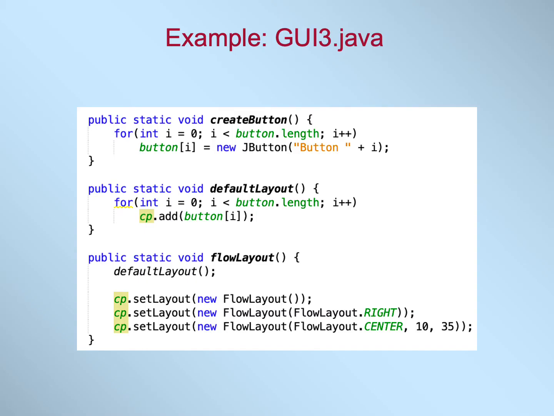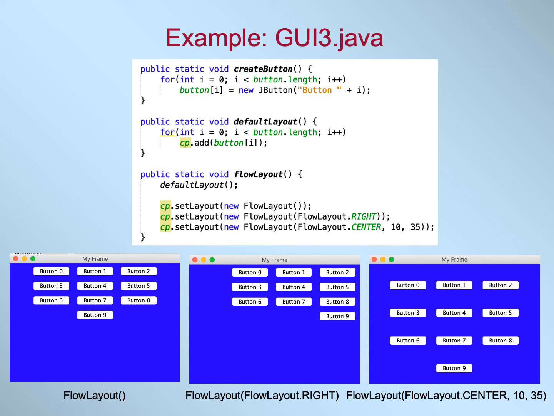On your online learning, I have shared this code in a file called GUI3.java. In this code, 10 buttons are created. In the FlowLayout method, I have used all 3 constructors. If you want to see the output of each of them, comment out the ones that you don't want to see.